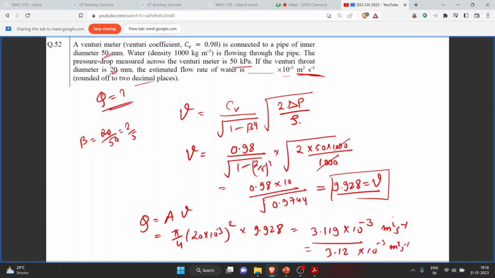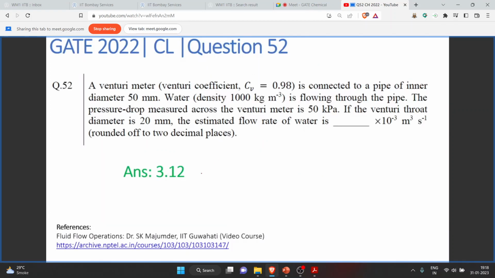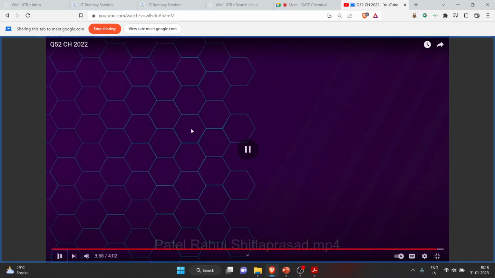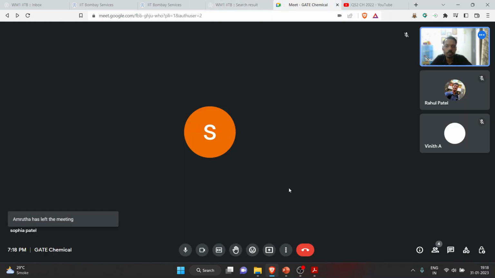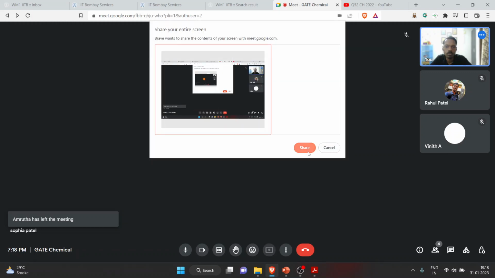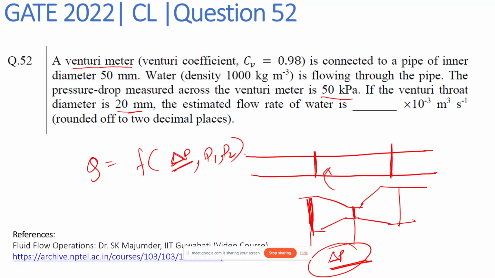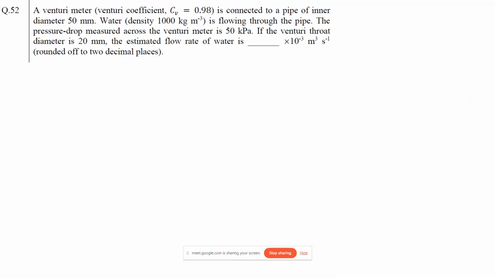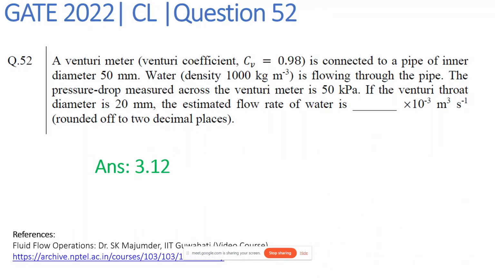So the final answer is 3.12. In this question, we saw a simple application of the venturimeter, whereby we were asked to estimate the flow rate passing through the pipe.